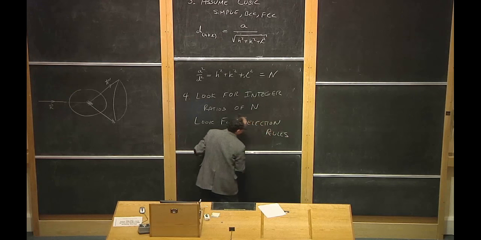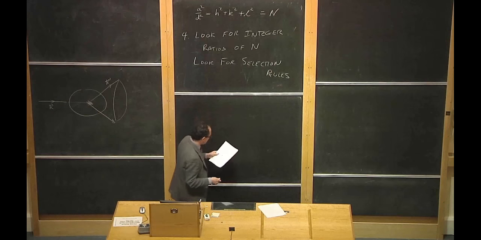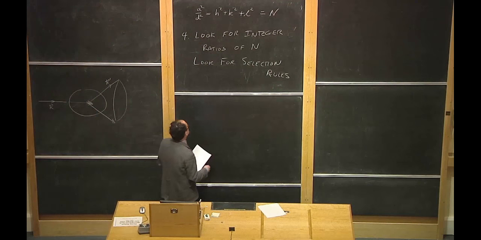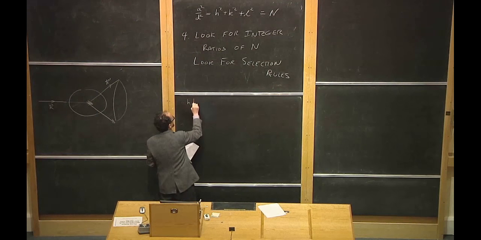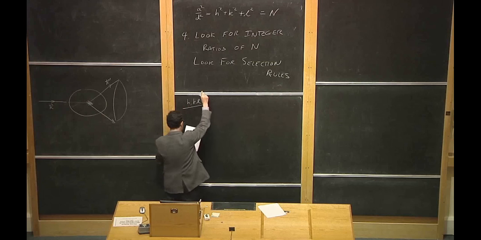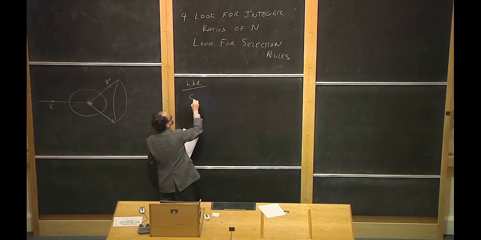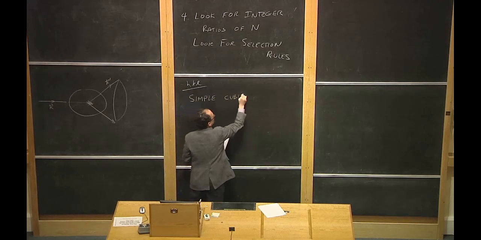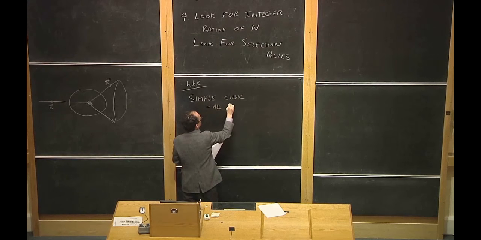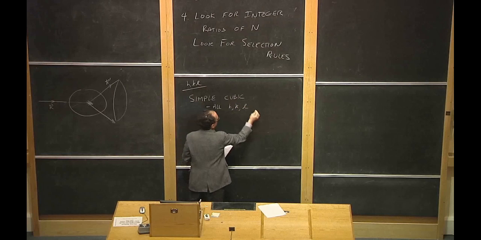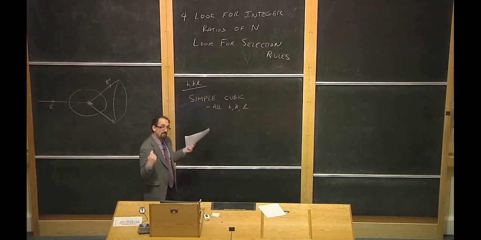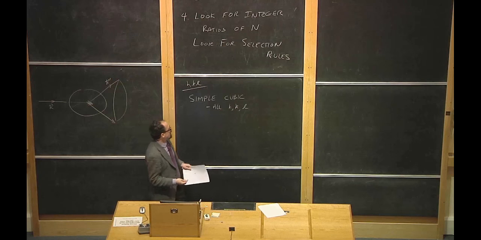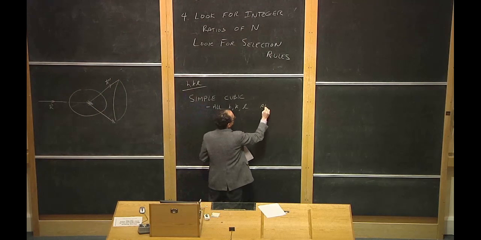Rules. Okay, so let's recall from the last lecture what the selection rules were. Given h, k, and l, if we had a simple cubic lattice, all h, k, and l are allowed. All h, k, and l correspond to reciprocal lattice vectors for the simple cubic lattice, so these are all allowed.